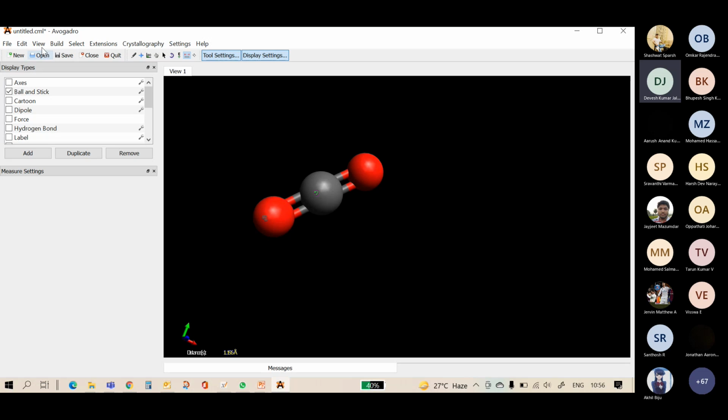It is one of the methods to optimize different structures, but much larger ones like DNAs and proteins and stuff like that. Now you can change the view. Right now it is a ball and stick model.